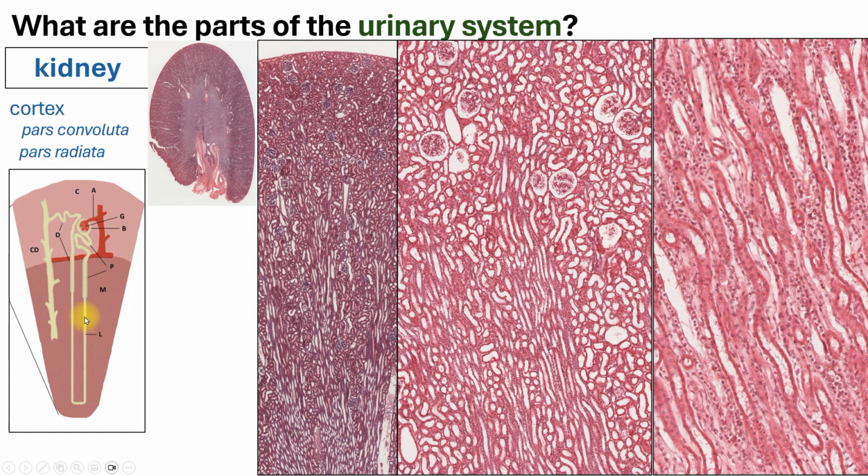Thinner areas would have thinner walls, while thicker areas would have thicker walls. The usual choice of lining epithelium for this part would be either squamous or cuboidal: squamous for the thinner portions, and cuboidal for the thicker portions.